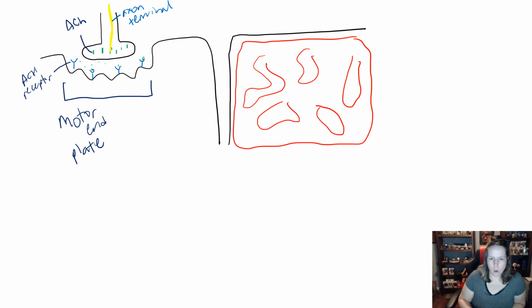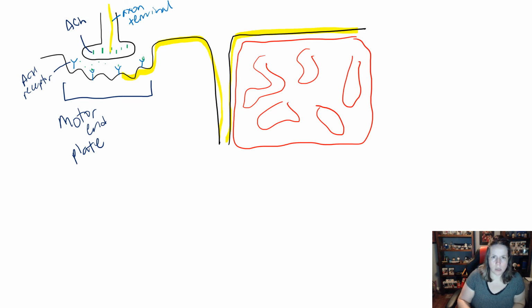When the acetylcholine binds to the receptors, it's going to trigger another action potential. That action potential is then going to run along and down the sarcolemma. So what is this called? Let's go back to our anatomy here.